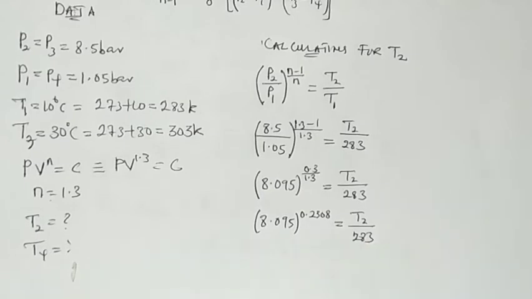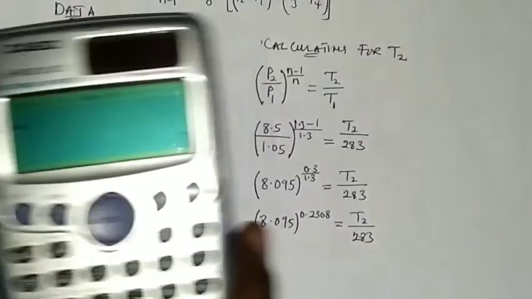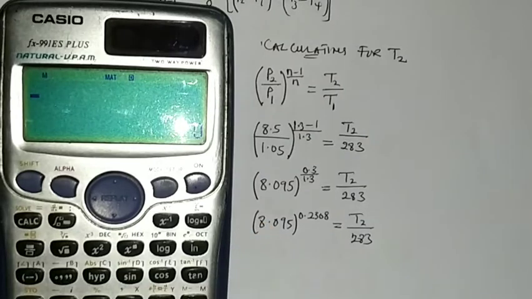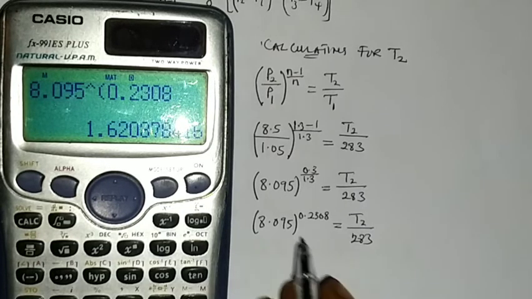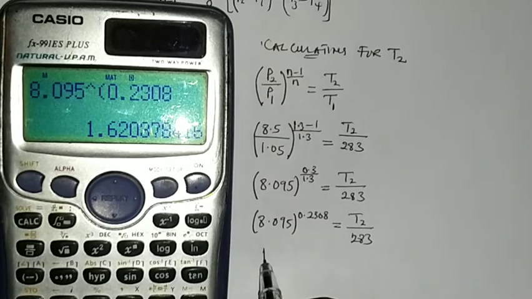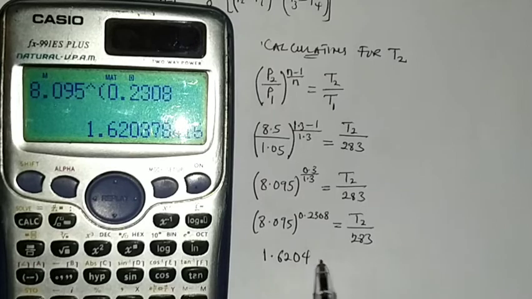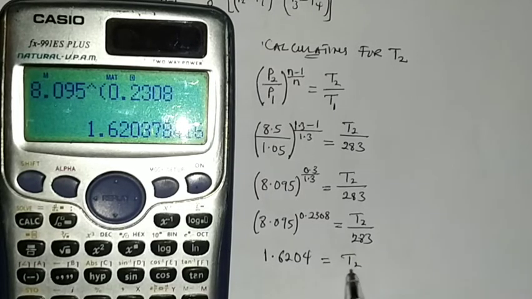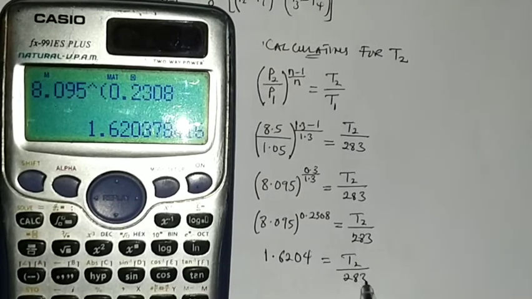From here, 8.095 raised to the power of 0.2308 gives 1.6204, equals T2 all over 283.